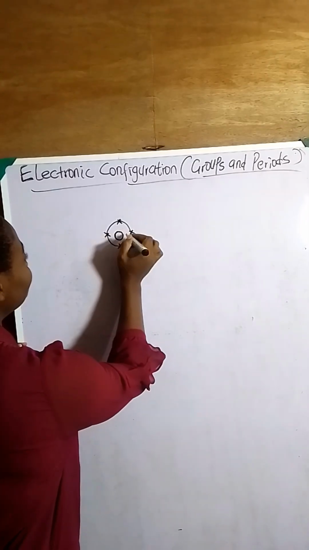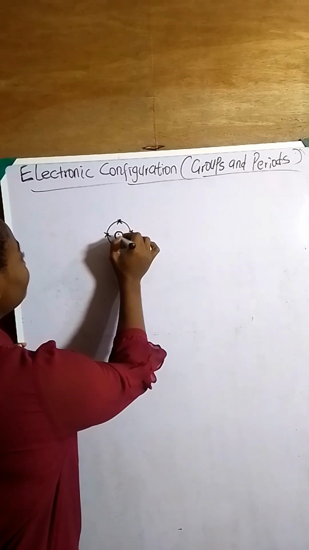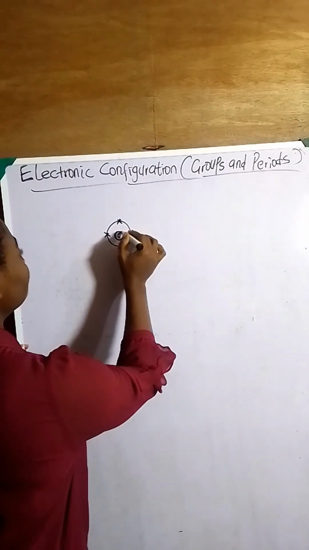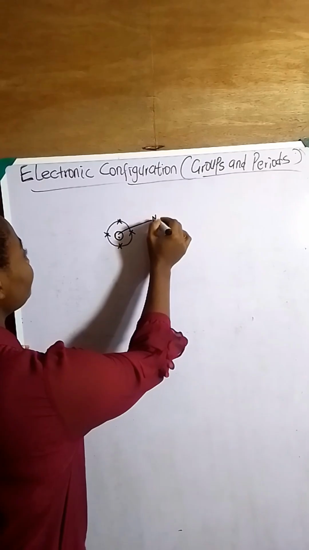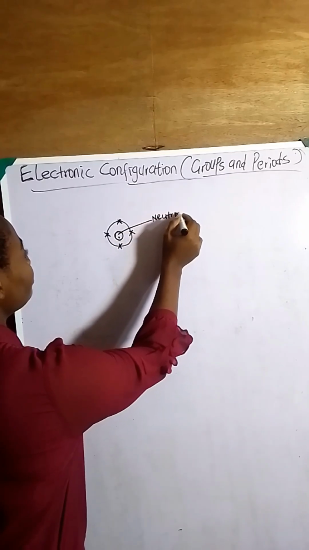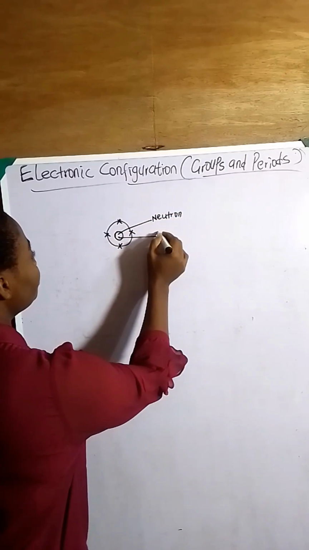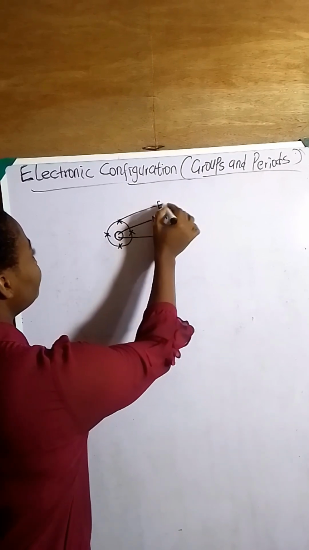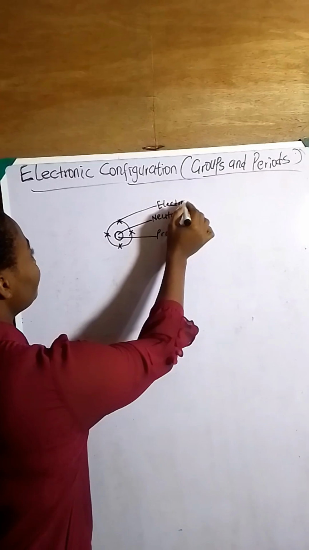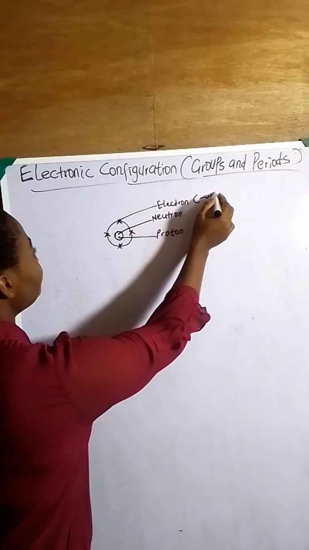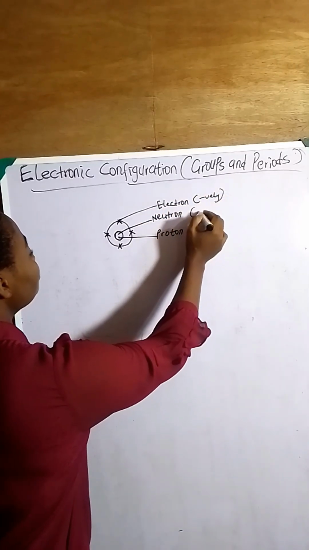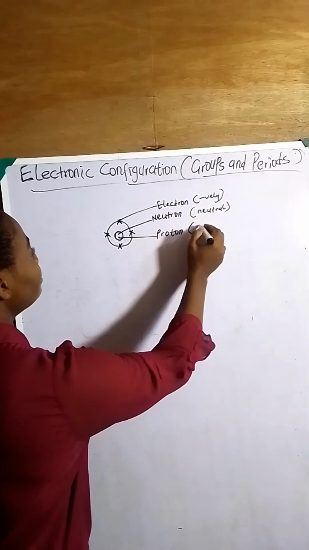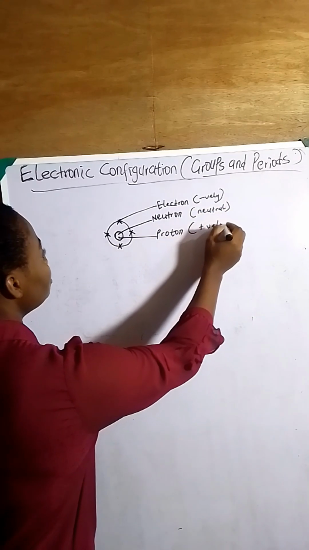And inside this nucleus, you know that we have two other subparticles that are present, which is your neutron and your proton, and this is your electron. This is negatively charged, this is neutral, that means it has no charge, and this is positively charged.